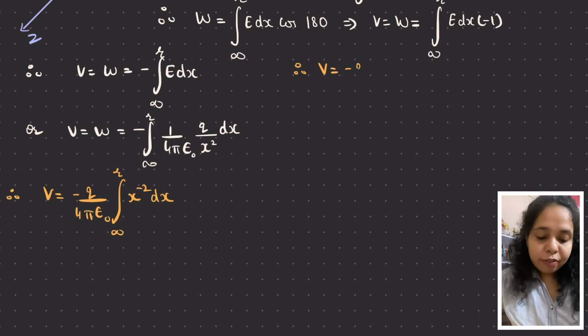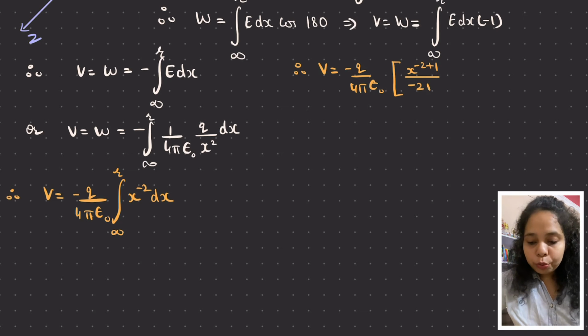Therefore, we can say V is equal to minus Q upon 4 pi epsilon naught, and we know integral x raised to power minus 2 is x raised to power minus 2 plus 1 upon minus 2 plus 1, and we will write the limits infinite to R.